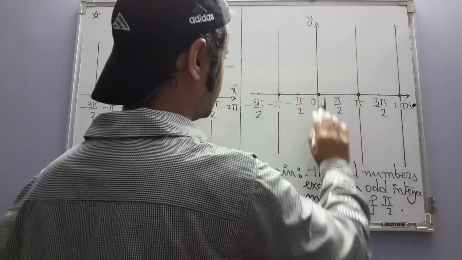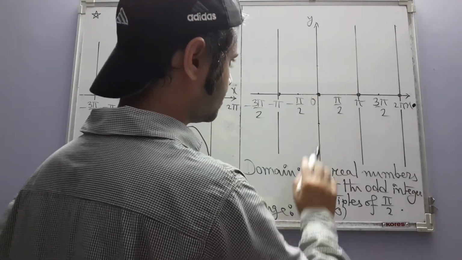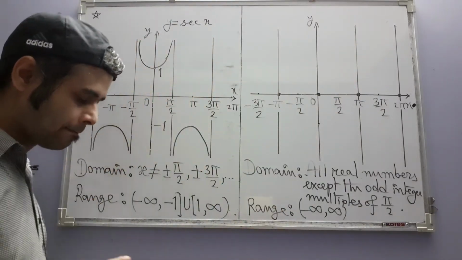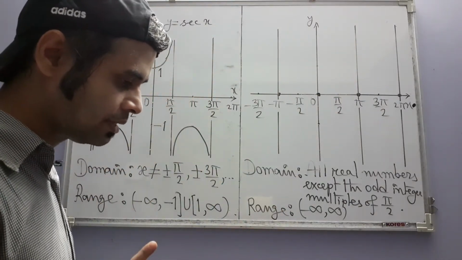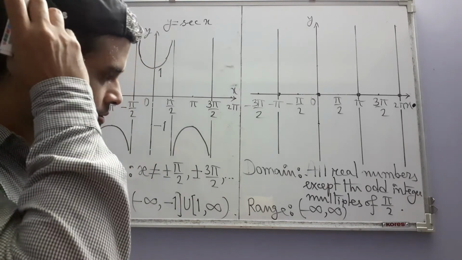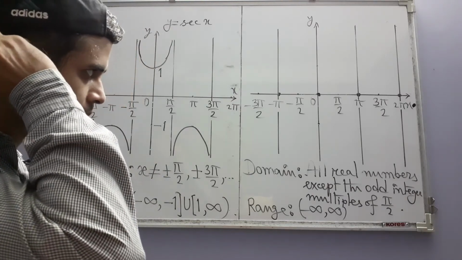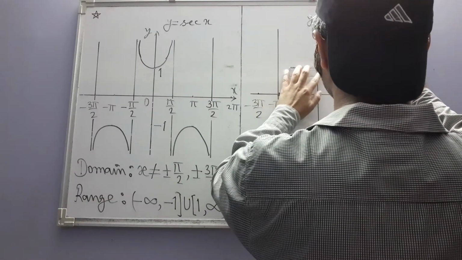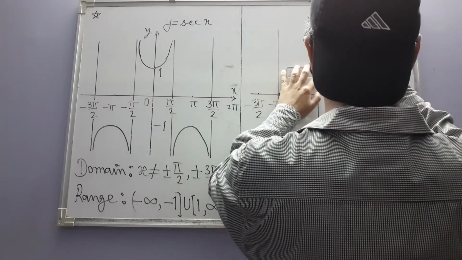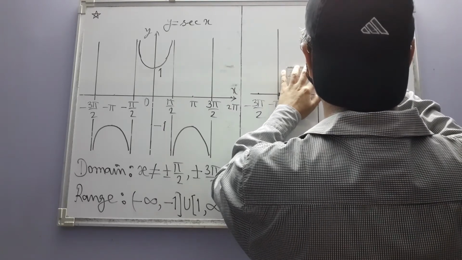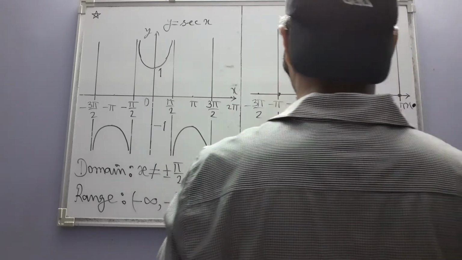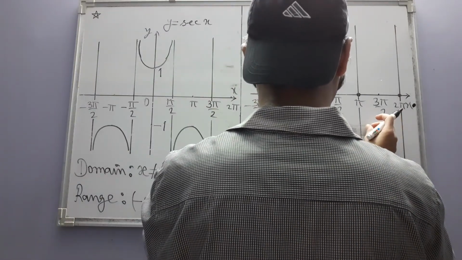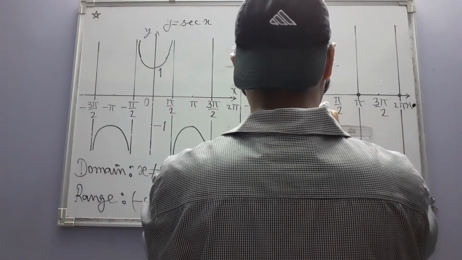The first union on this side of the x-axis appears here. Sine pi by 2 is 1, so cosecant pi by 2 is its reciprocal, which is also 1. And the intersections, the mountains, appear here.